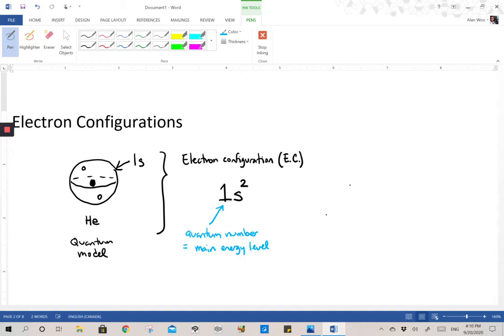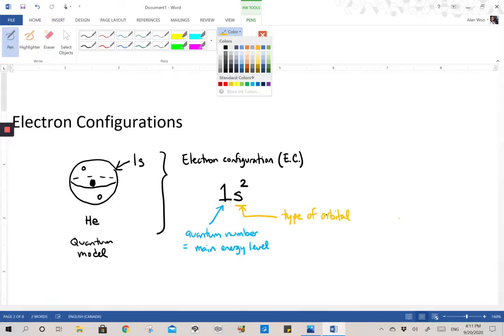At this main energy level, you have the letter. This is the type of orbital. Again, nothing new. You already know that we have letters S, P, D, and F to represent orbital types.